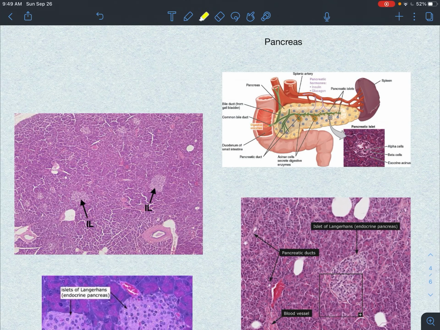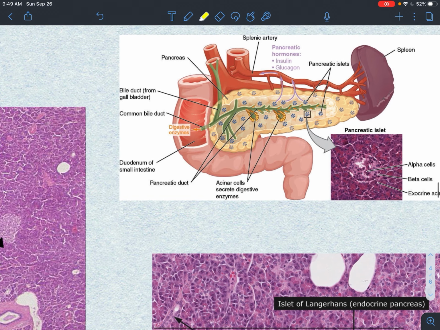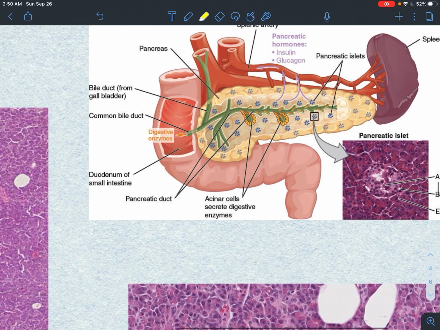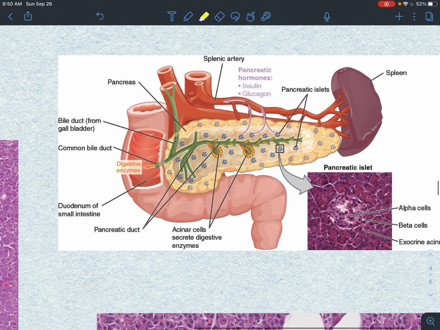We're going to look at the pancreas as the last endocrine gland on our list. And the first thing we want to do is take a view of the drawing of the pancreas to really understand the essence of it and why it is such an important organ for us in two very different ways.